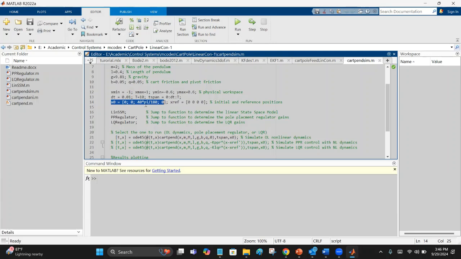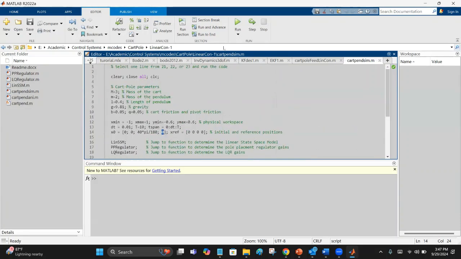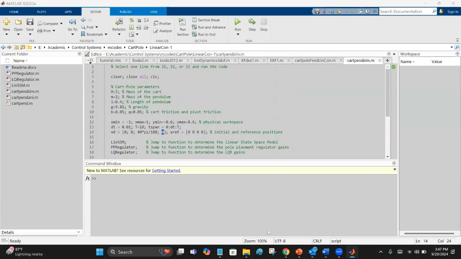And you have theta 40 degrees, right? 40 degrees from the vertical, 40 degrees. And you keep it there and let it go. So there's no initial theta dot. There's no initial angular velocity. You just deflect the pole by 40 degrees and release from there. That's all. Okay. So then let's run this code and see what happens.